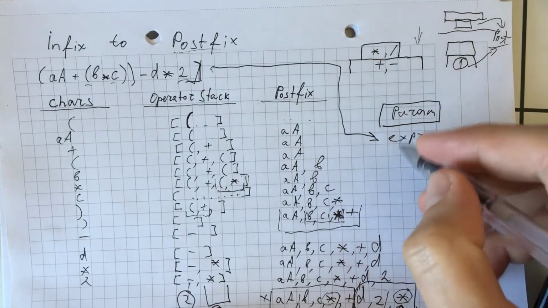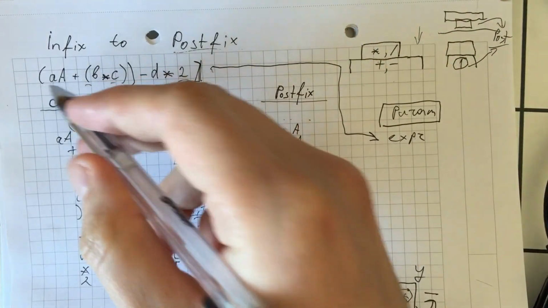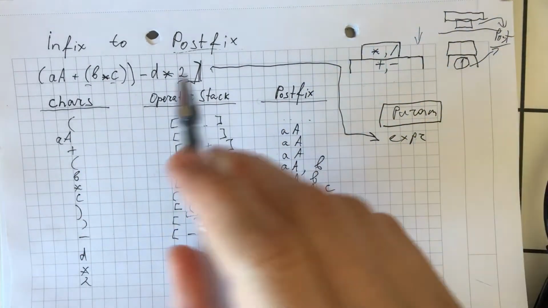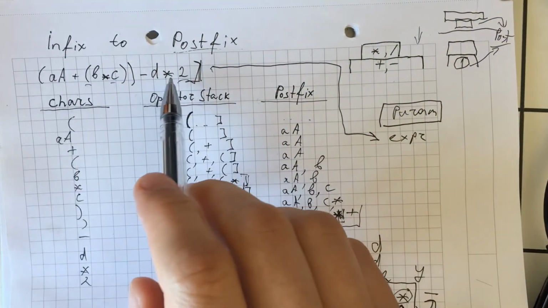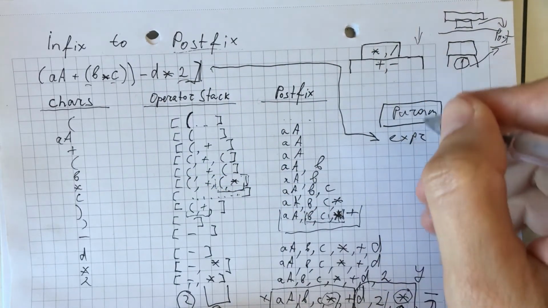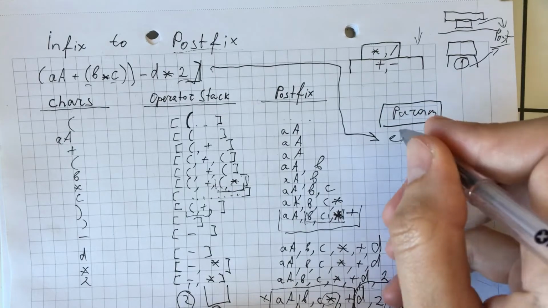And this expression here, for example, all of these are numbers, right? I might end up with 10 or whatever.